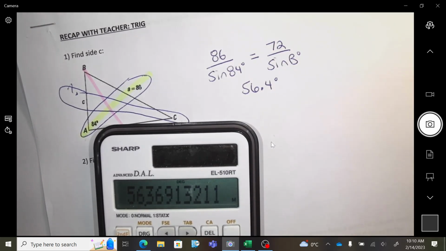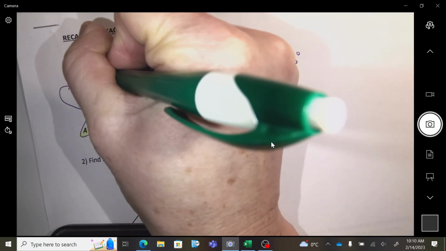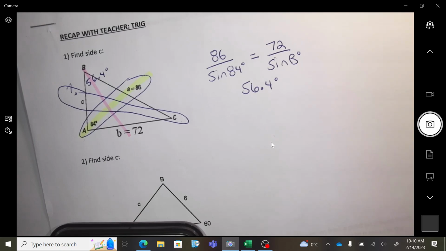Angles go to 1 decimal place. Angle 1 decimal, side 2. 56.4 matchups.